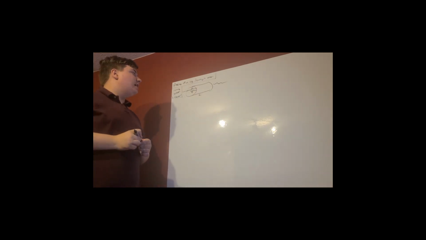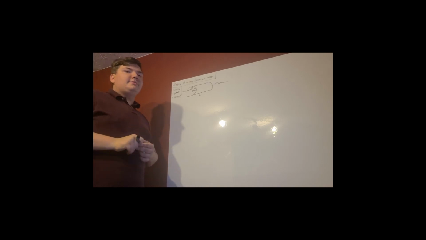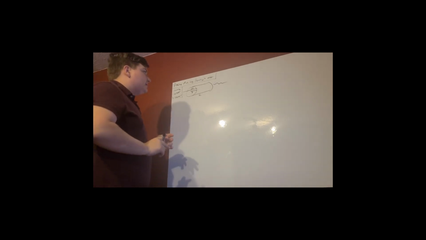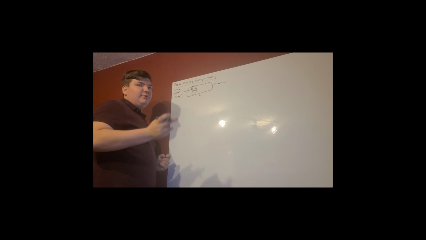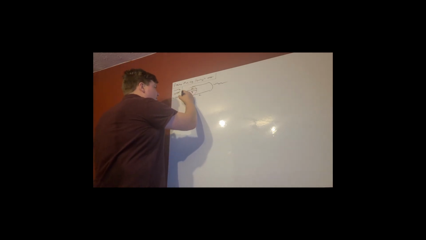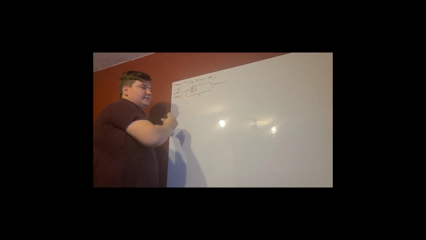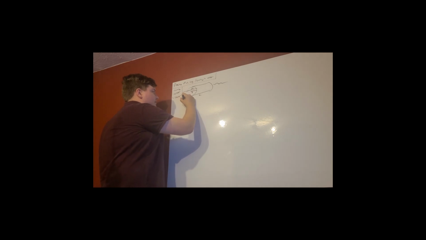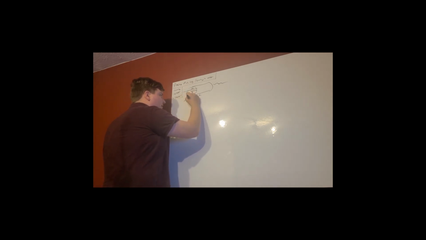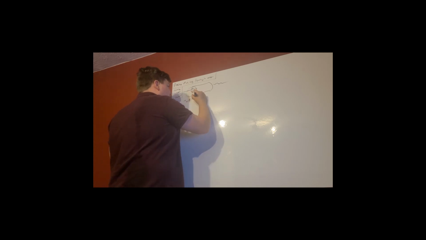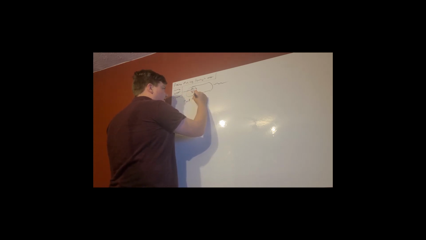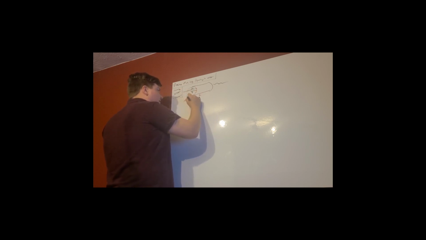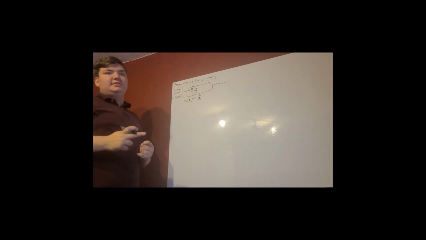And so the first thing we're going to start off with is the idea that the buoyant force is going to be equal to the weight. So we're able to say that the mass of the water times gravity is equal to the mass of the log, ml, times gravity. Obviously here we can cancel out the g's.